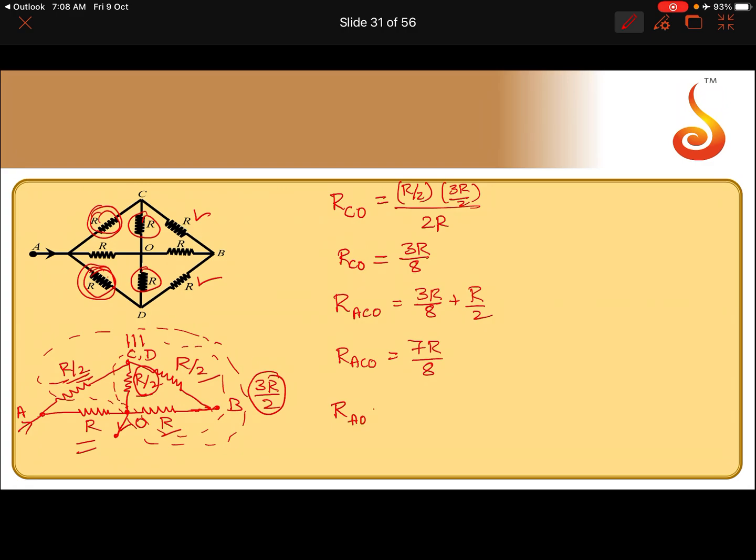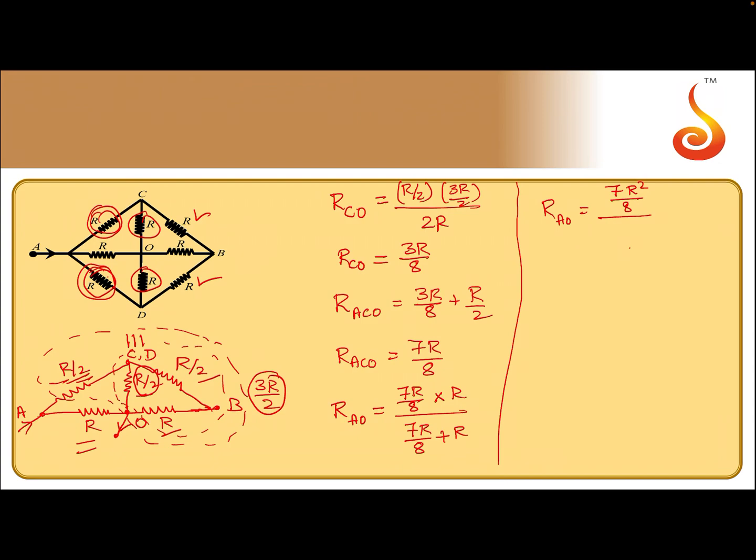So RAO should be equal to 7R by 8 into R divided by 7R by 8 plus R. So it is 7R square by 8 divided by, here 8 will be LCM, 7R plus 8R, that is 15R.